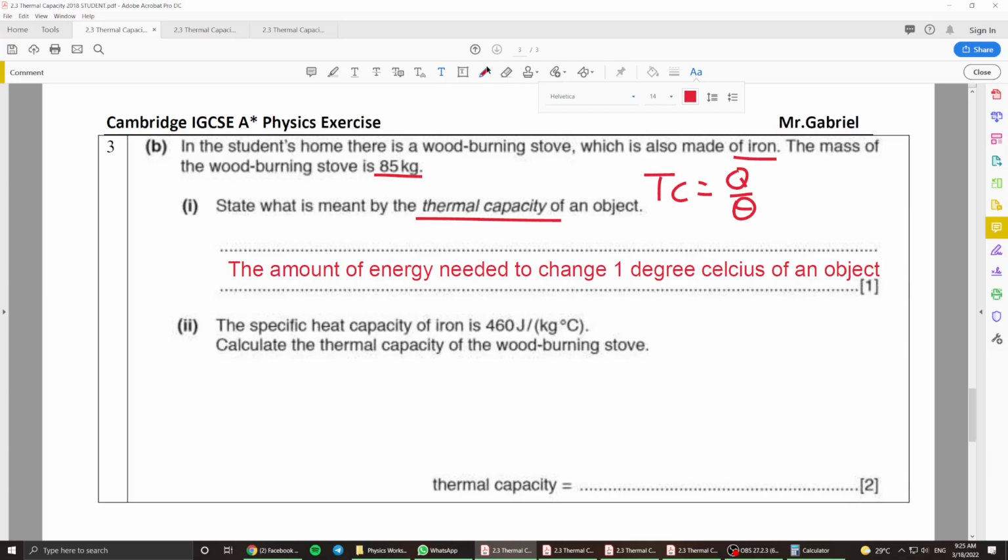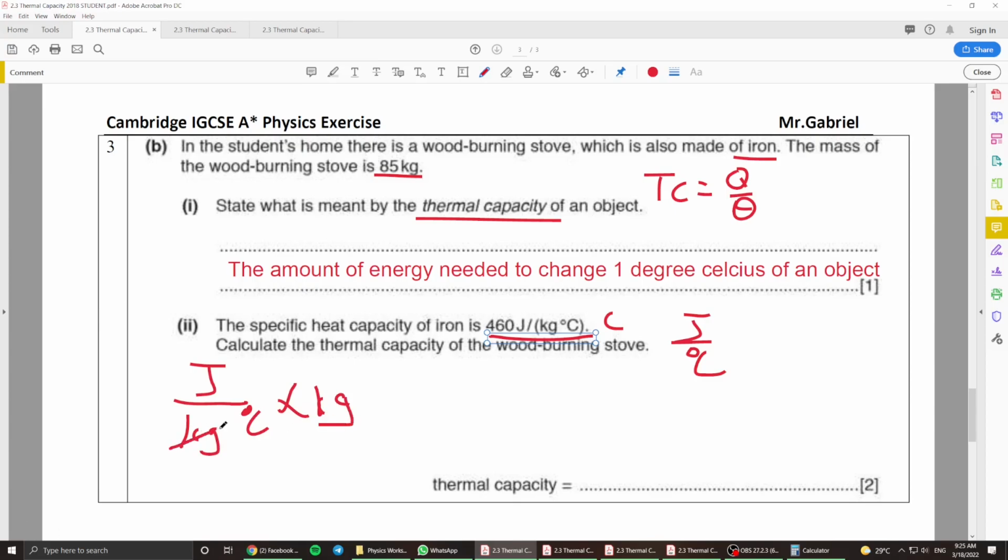Then after that, the specific heat capacity of iron is 460. Calculate the thermal capacity. Now thermal capacity is supposed to be joules per degree Celsius. If I have joules per kg degree Celsius, what I have to do is multiply by the kg in order to cancel it away. In this case it will be 460 multiplied by 85.